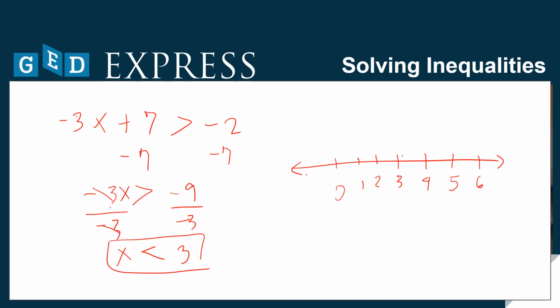Now let's identify the 3 and put a small circle there. Since it is less than, the solutions are values on the left side of 3. These are the solution, this side of 3. Do we need to shade the small circle? No, because x is not equal to 3. So 3 is not included.